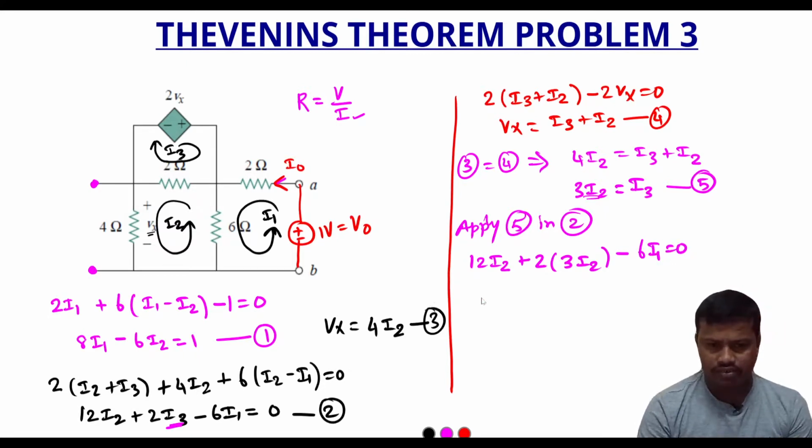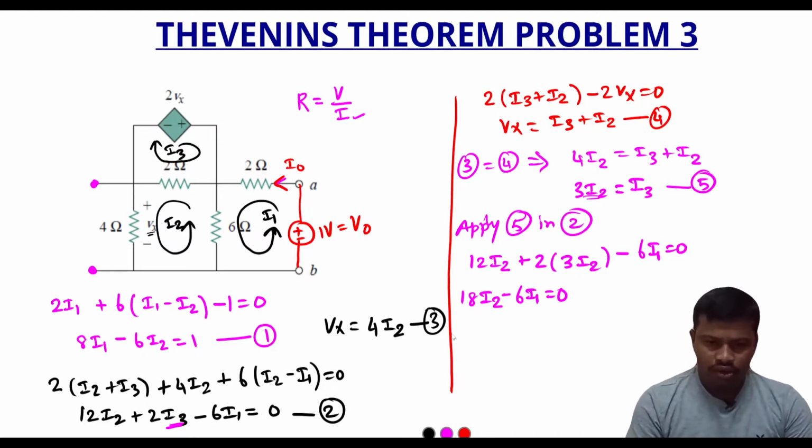So the equation will become 12I2 plus 6I2, which will be 18I2, minus 6I1 is equal to 0.